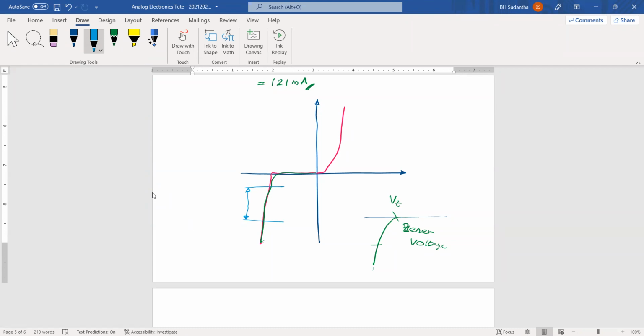At that time, when we have a current, that is knee current. But generally, we consider this knee current at a voltage somewhere here, and we can take that one as the starting point of the regulator circuit Zener current.